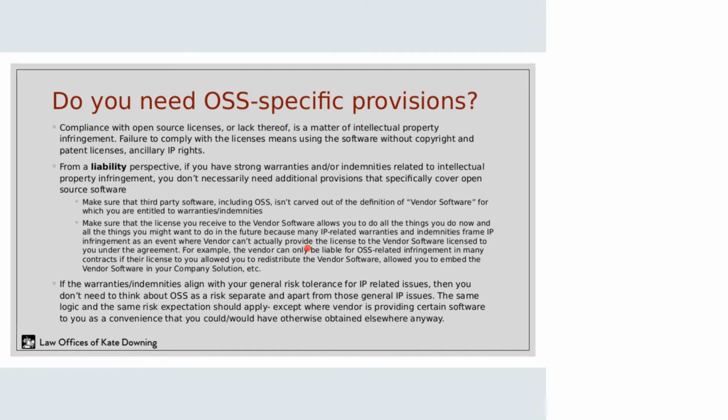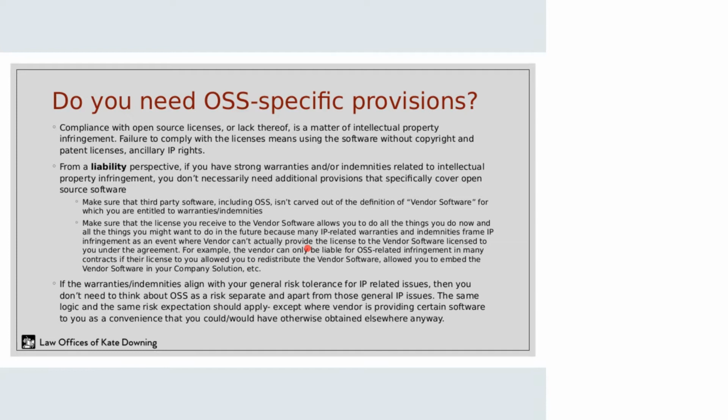One reason I say that, for example, is because if you have a big, broad indemnity from the vendor for patent infringement, that's going to cover you for patent infringement, both in the software that they themselves wrote and in any third-party software that they include within what they have written. So you're really quite covered from a liability perspective.